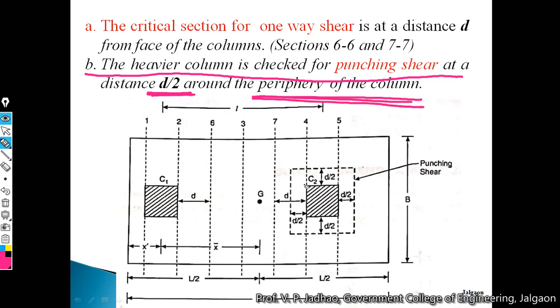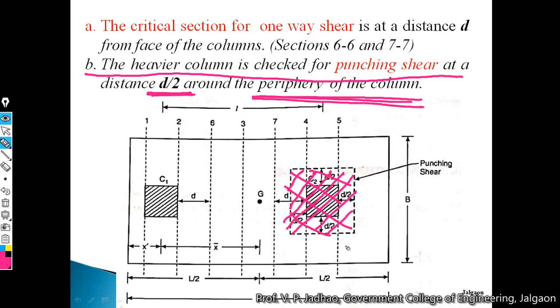So punching shear or two-way shear will be acting over this particular area. One-way shear was acting along one critical section, whereas this two-way shear will act on this particular area.